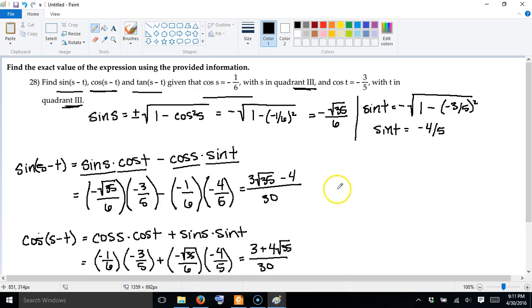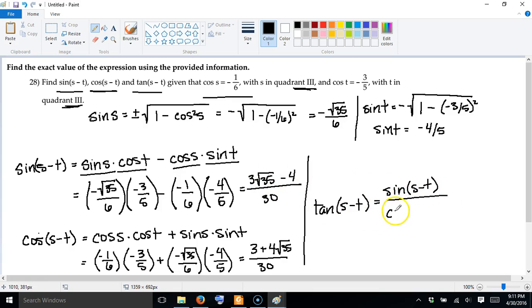Okay, now our tangent of s minus t, we're going to just apply the identity that tangent is equal to sine over cosine. So sine of s minus t, we've got that value right here, and cosine of s minus t, we've got that value.